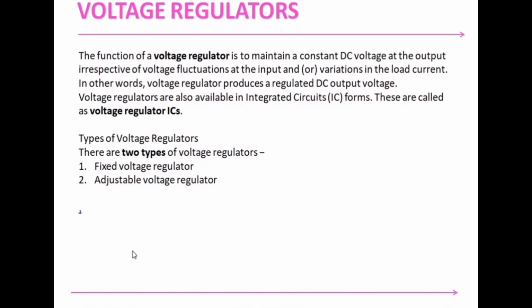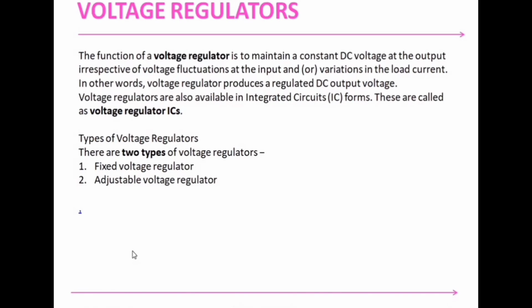So here, with the help of the voltage regulator, I can produce whatever DC voltage I want to get. In other words, this voltage regulator provides a regulated DC output voltage.